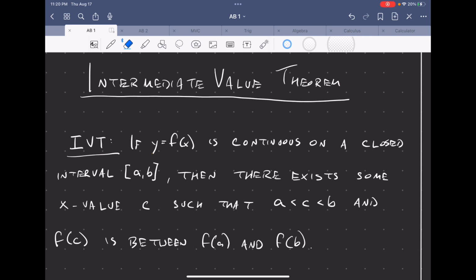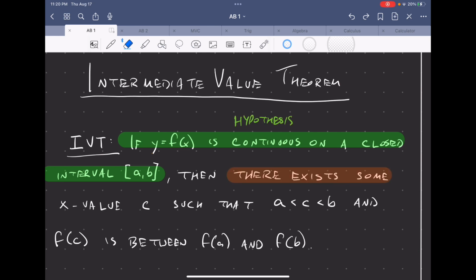So remember, when you're looking at a theorem in calculus, you want to think, well, what is the hypothesis and what is the conclusion? So the hypothesis is the part that comes after the if. So after the if, we have y equals f of x is continuous on a closed interval [a, b]. So that would just be your hypothesis. And the conclusion is after the then.